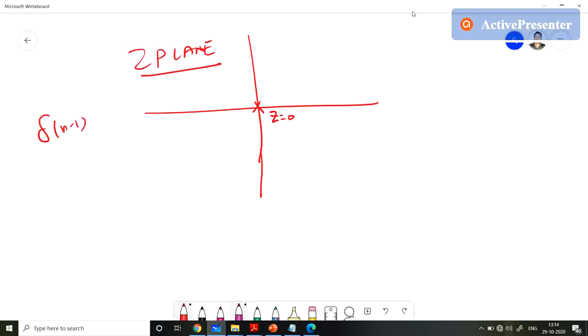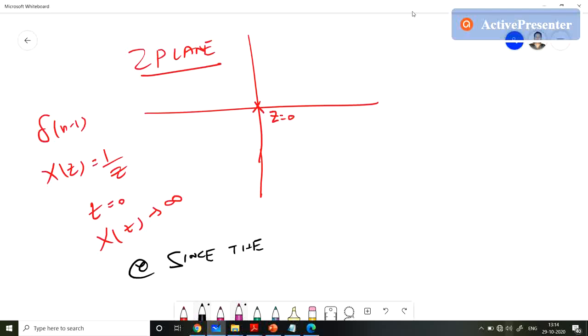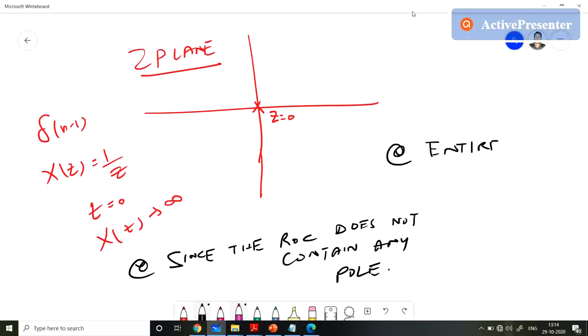So we have to avoid the pole. Since the ROC does not contain any pole, the ROC of delta[n - 1] is the entire z plane except z equals 0.